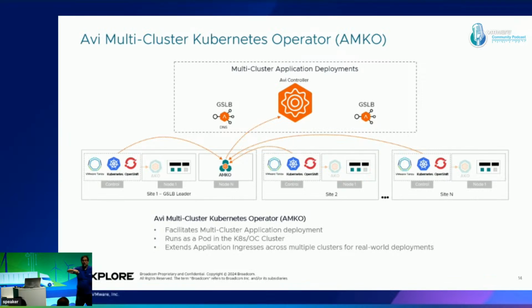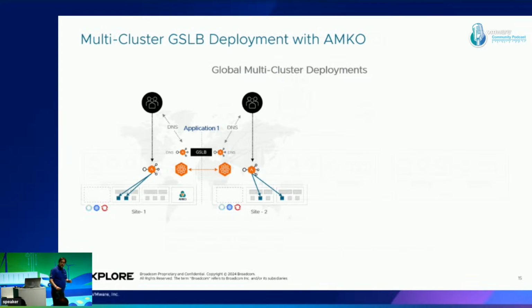MKO is the other operator. It's possible to create coordination, to create in different Kubernetes clusters the information necessary for the controller to create this load balancer. So without stretching the Kubernetes cluster, you have two different clusters in two different places.